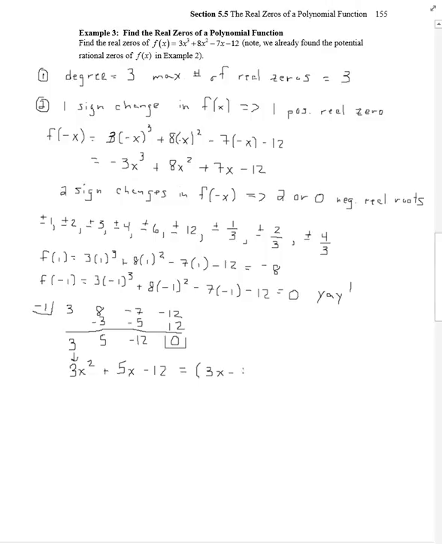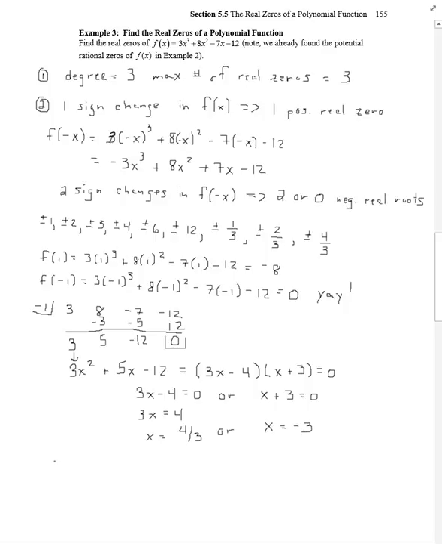So that factors into 3x minus 4 times x plus 3, which equals 0. So from that, we get 3x minus 4 equals 0, or x plus 3 equals 0. So that's 3x equals 4, so x equals 4/3, or x equals -3.